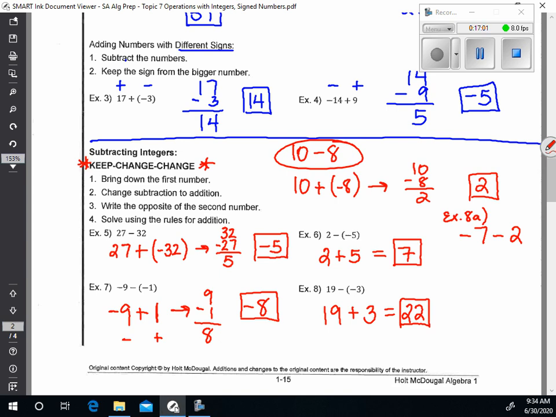So again, keep the first number, change subtraction to addition. The opposite of a +2 would be a -2. So you have a negative plus a negative, so add the two numbers up. 7 plus 2 is 9, and you keep the negative.